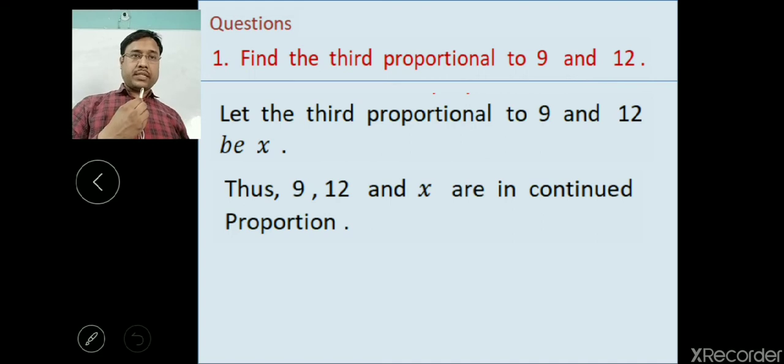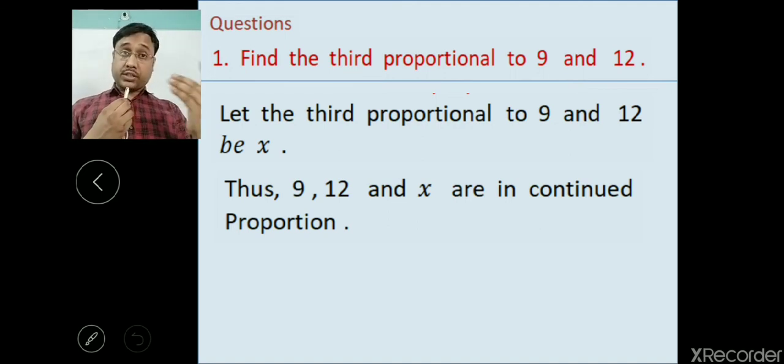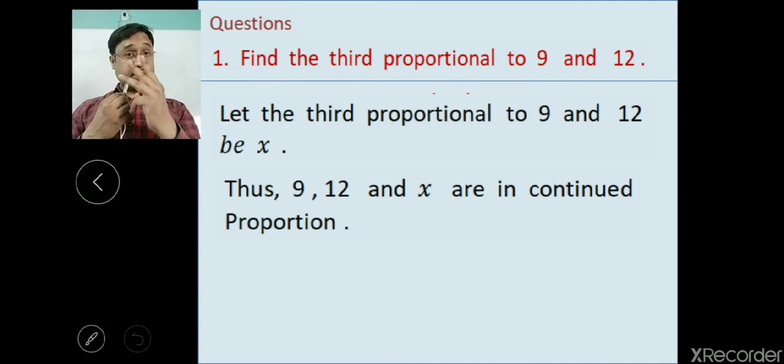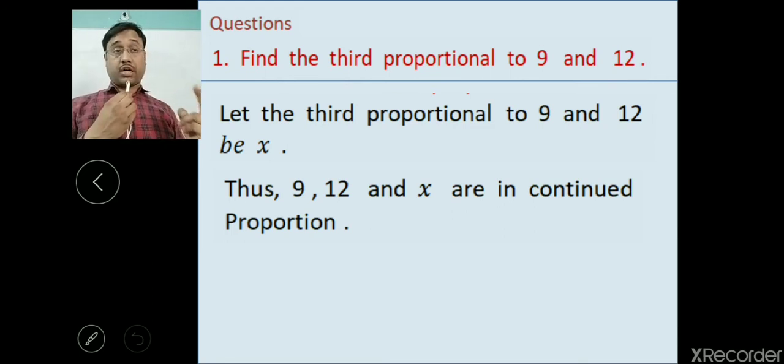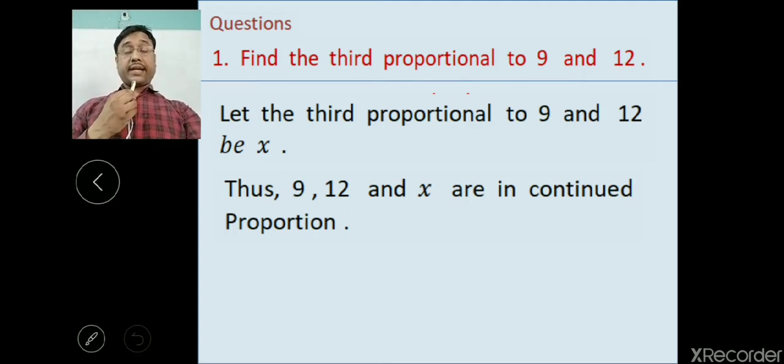But we consider three numbers when it is not telling how many numbers are there and only talking about the third proportional. If it is telling about four numbers, then only you will think about four. Here it is given two numbers only, the third proportional to 9 and 12, that means there are three numbers. So 9, 12 and x are in continued proportion.